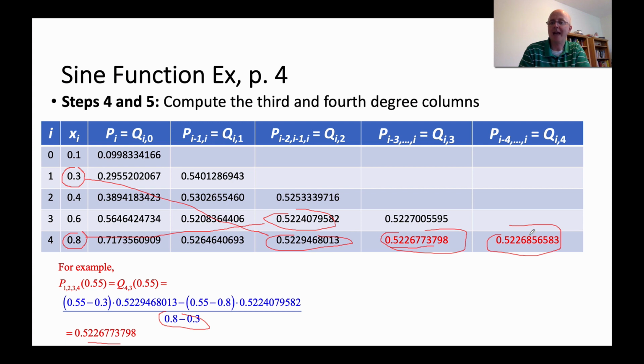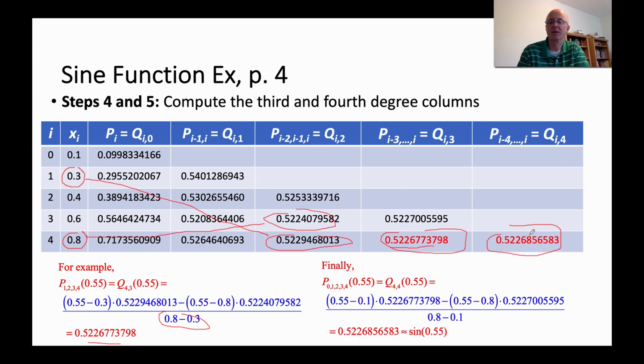And finally, the last number, which is going to be our quote-unquote best approximation based on a 4th degree Lagrange polynomial interpolation, is going to be this computation. You could label it P01234 at 0.55. In matrix form, it's Q44 at 0.55. Now I take 0.55 minus 0.1 and multiply times that number. That's right here.